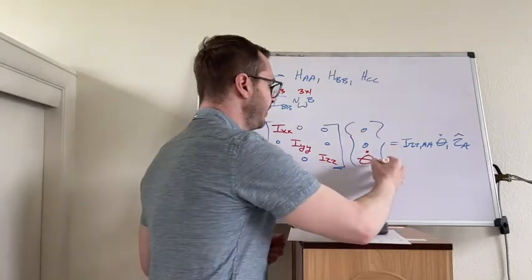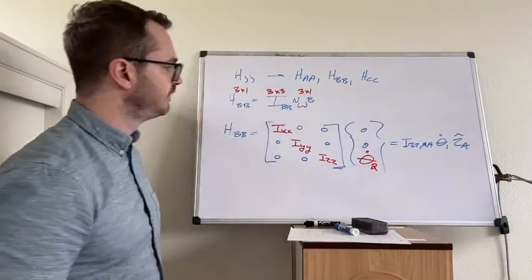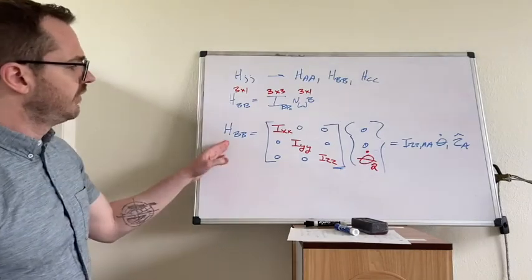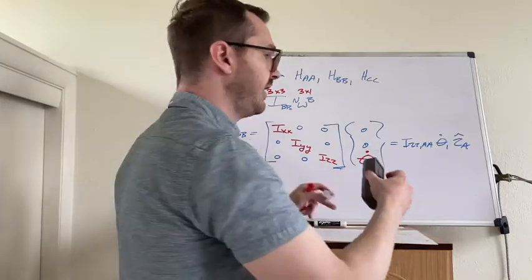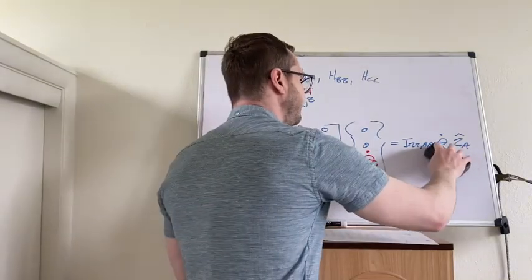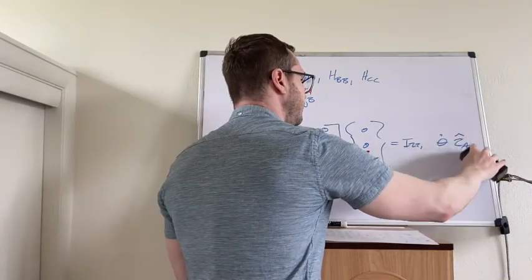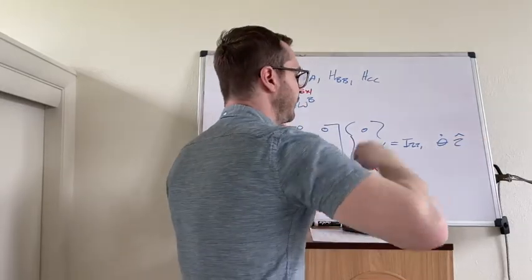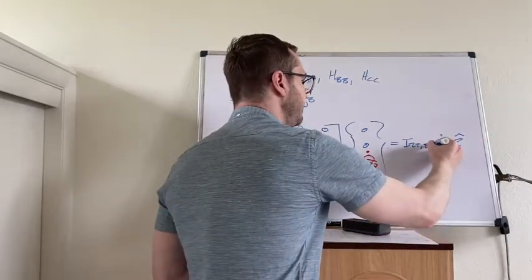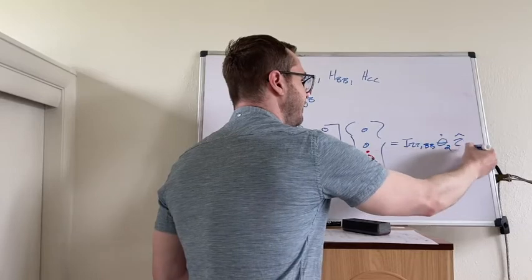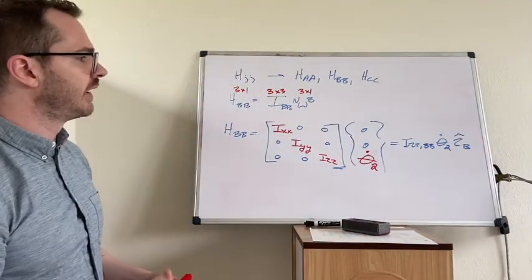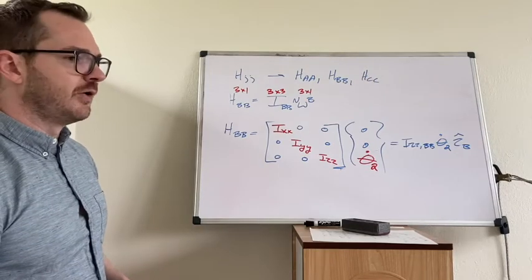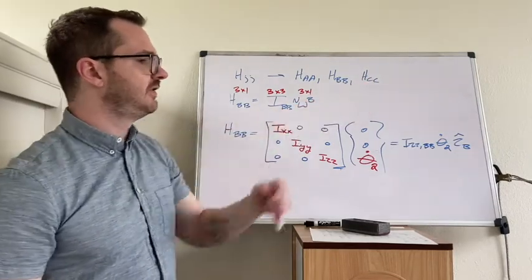It rotates with theta 2. So H_BB is this multiplied by this. We can come down and we can modify this answer. So I_ZZ from the BB matrix multiplied by theta 2 dot, and just to keep it consistent, it's rotating around ZB.